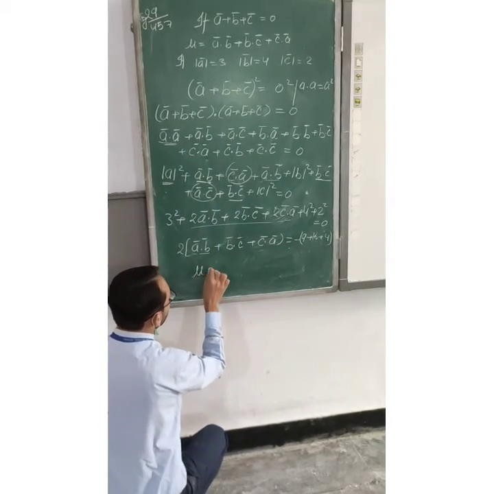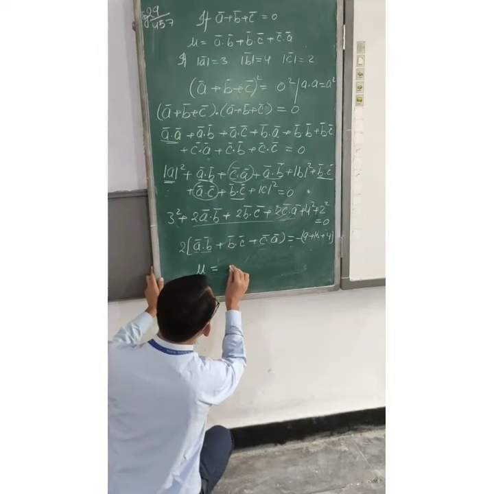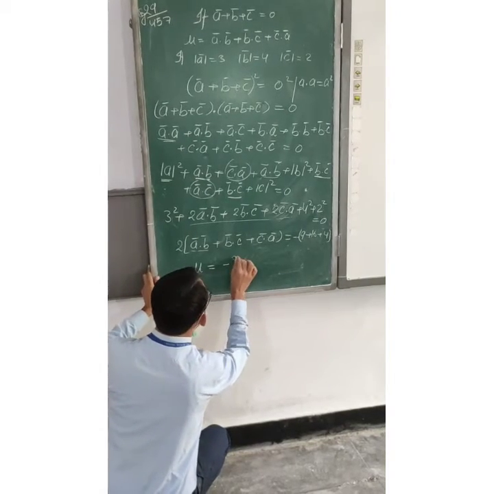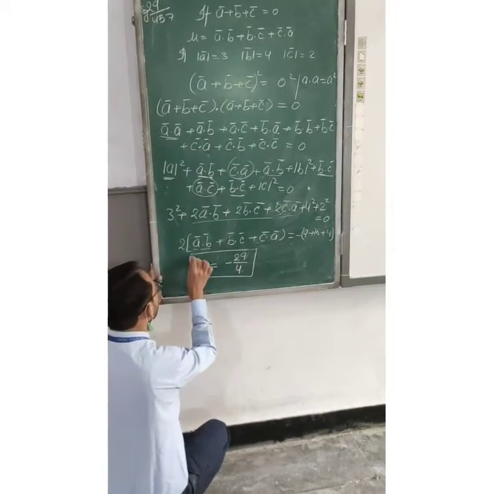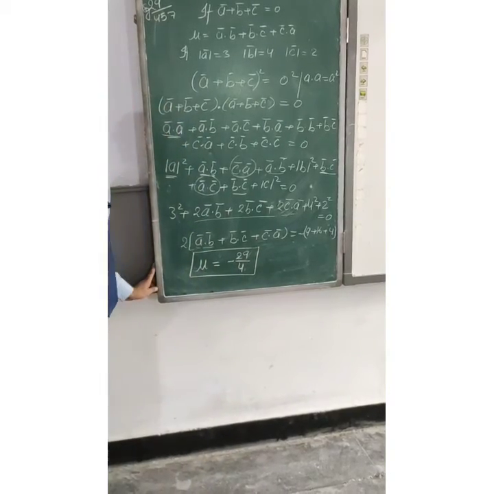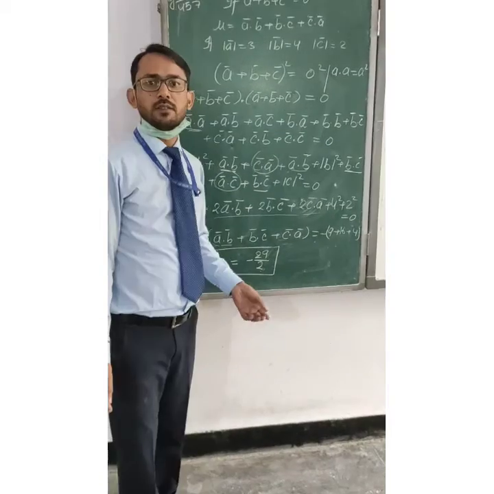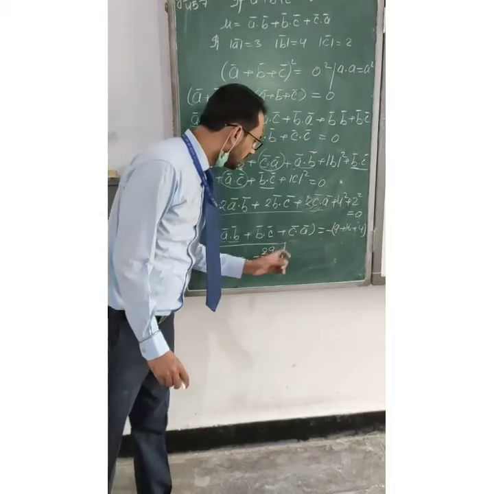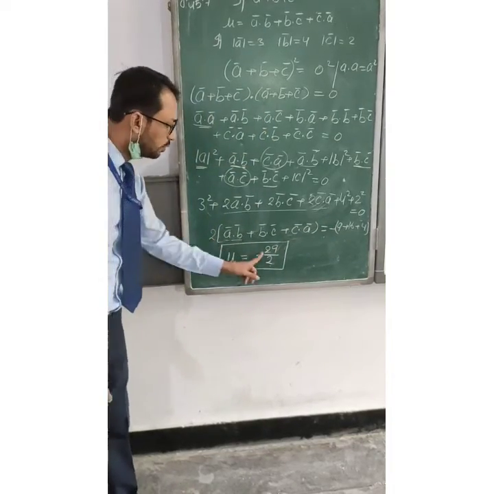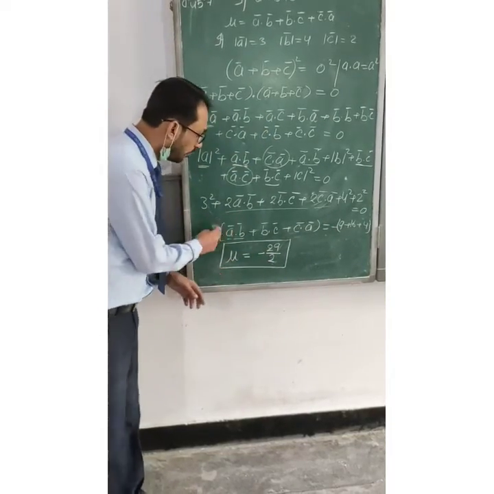So mu will be equal to minus 29 by 4. So the value of mu is minus 29 by 4. Yes, the value of mu is coming minus 29 by 2. This 2 is coming down. By mistake I have written 4 in the denominator.